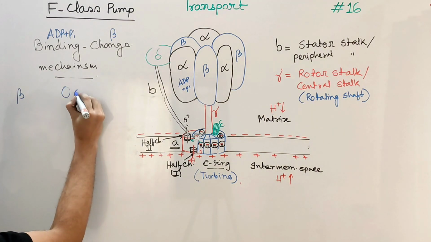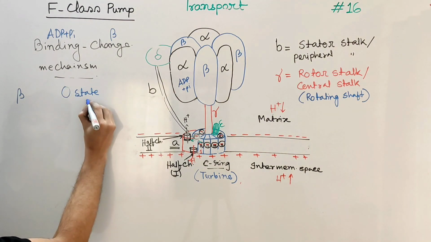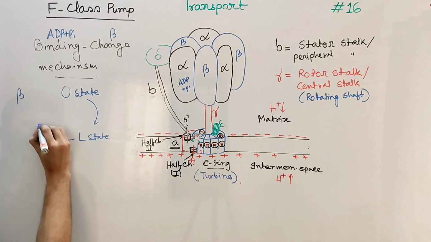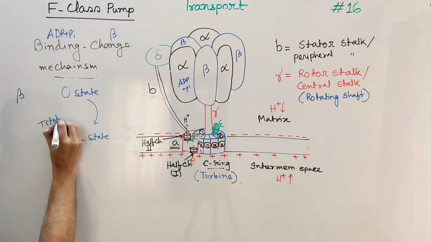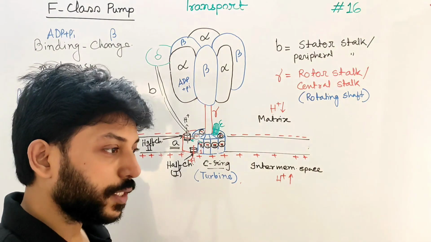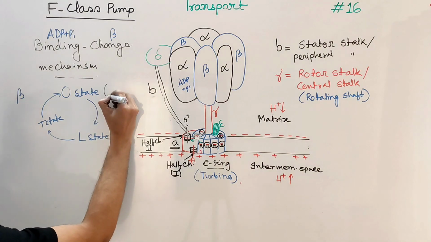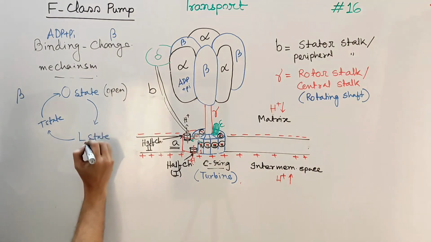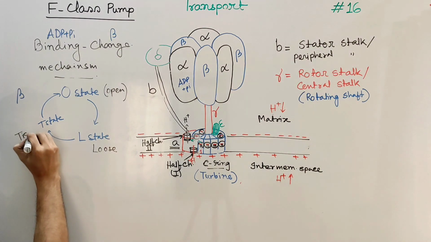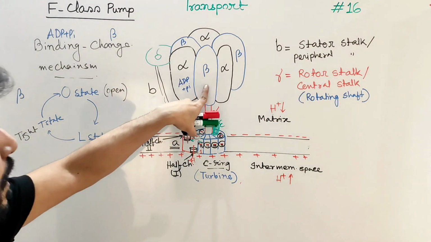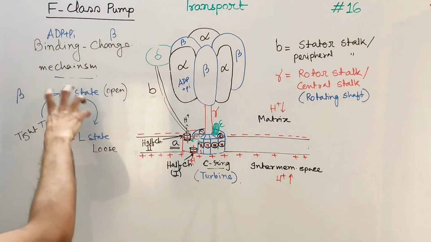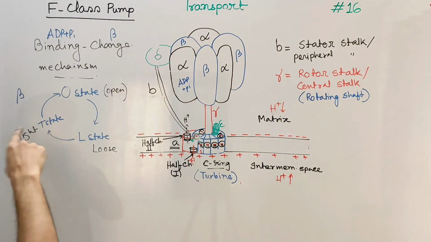One is called the O state, another is called the L state, and the last is called the T state. And then the T state goes back to the O state. O means open state, L means loose state, and T means tight state. So every beta subunit goes through this O state to L state to T state.